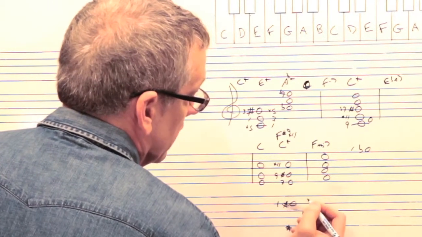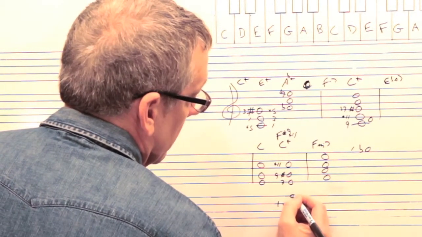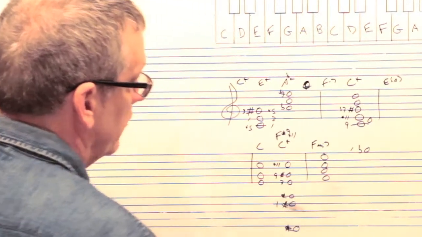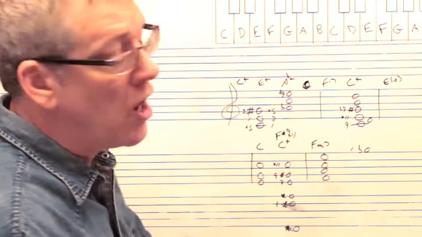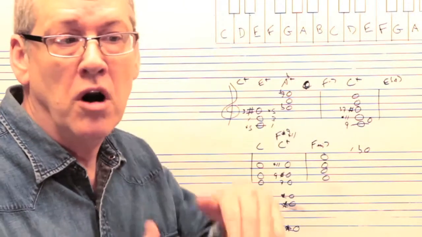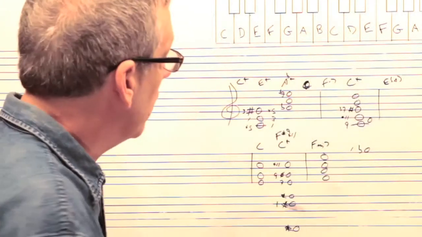So let's put in the F sharp. There's a third right there. We need that. So basically, the notes in these augmented chords become our upper extensions of the chord.